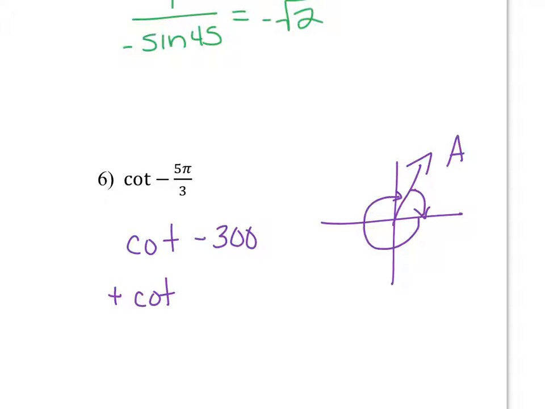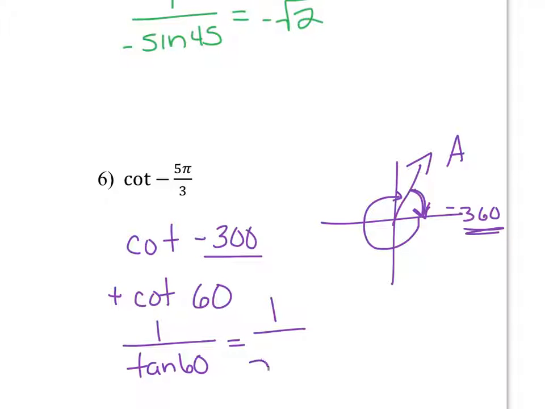The reference angle would take us to negative 360, and we need 60 more to get there. So the reference angle is positive 60. The cotangent of 60 is 1 over the tangent of 60. So it's 1 over radical 3, and rationalized, that's radical 3 over 3.